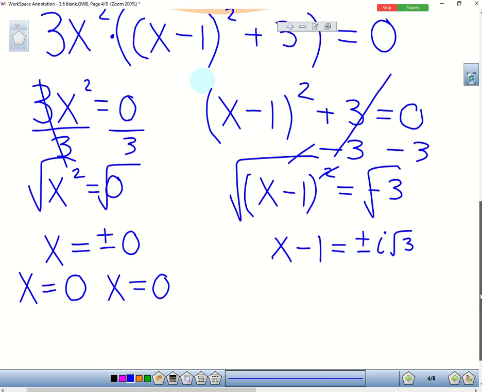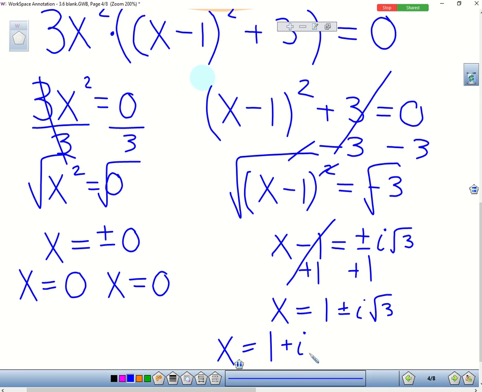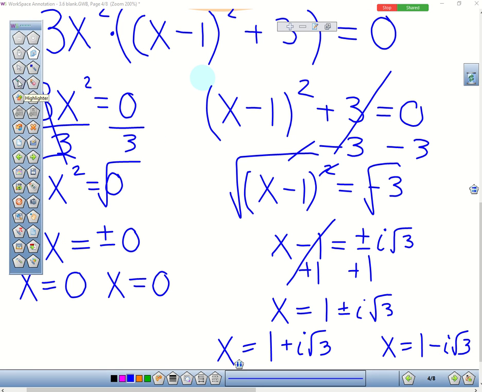And then I add because we can't simplify radical 3, obviously. I add 1 to both sides, and I get x equals 1 plus or minus i radical 3, which means I have 2 zeros, 1 plus i radical 3, and 1 minus i radical 3. So we have 2 answers there. So these are our zeros.